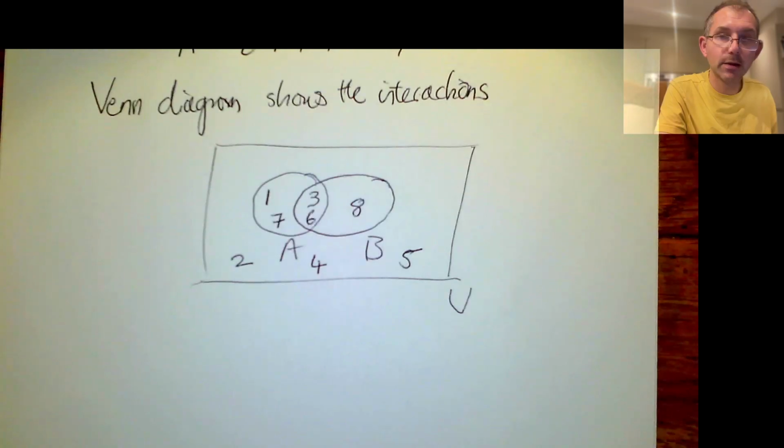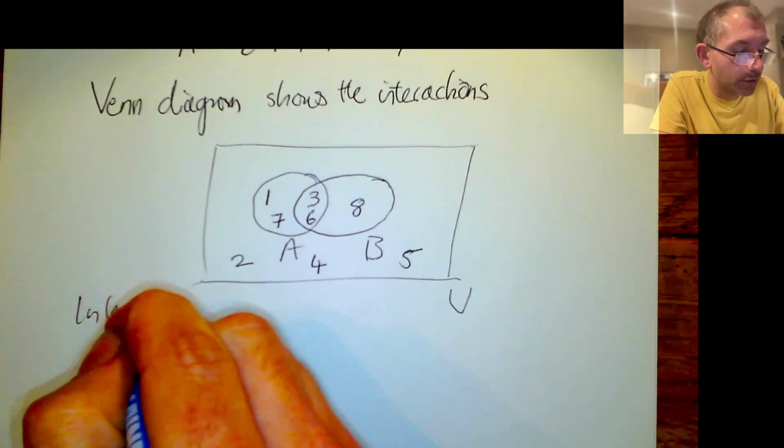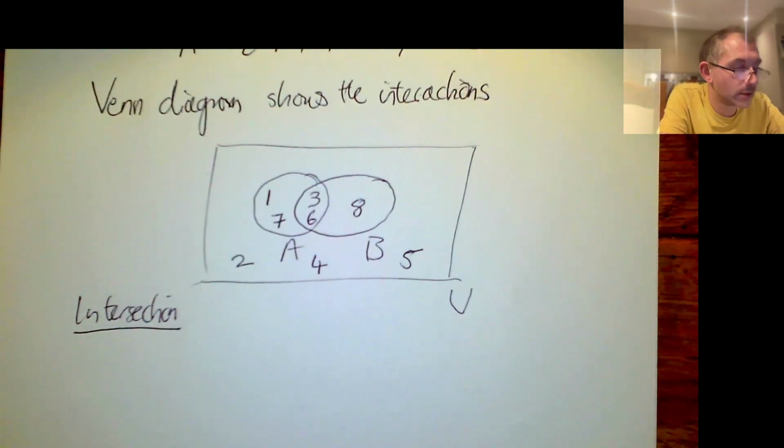So let's talk about the interactions. The first interaction we want to talk about is intersection. You can think of this as an operation on two subsets. It takes two subsets and it produces another one.